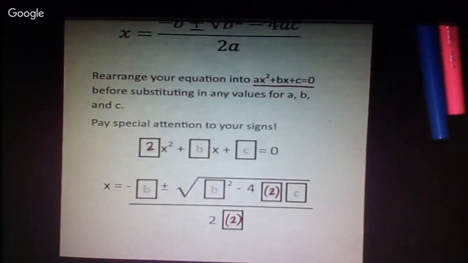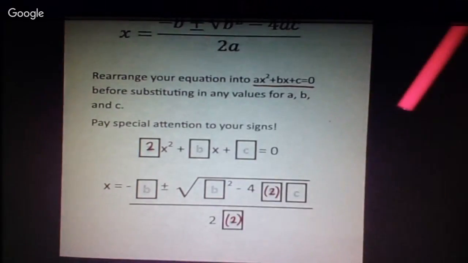What's underneath your square root is your discriminant. That number that we got yesterday told us whether we had 2 real solutions, 1 real solution, or no solutions. So b squared minus 4ac, the number that you end up with underneath the square root, tells you how many real solutions you're going to have at the end.